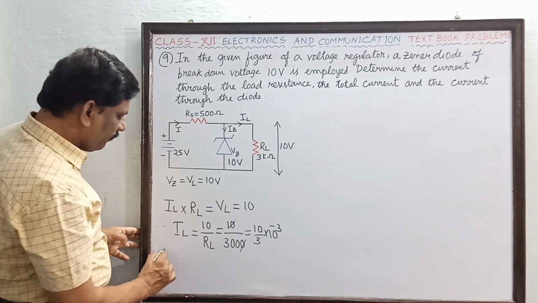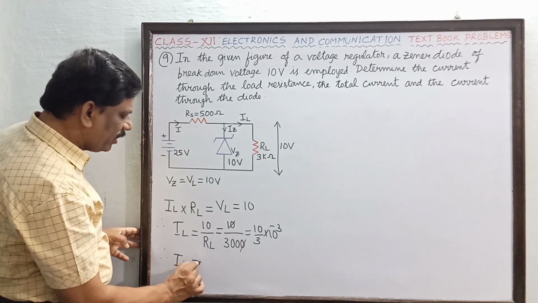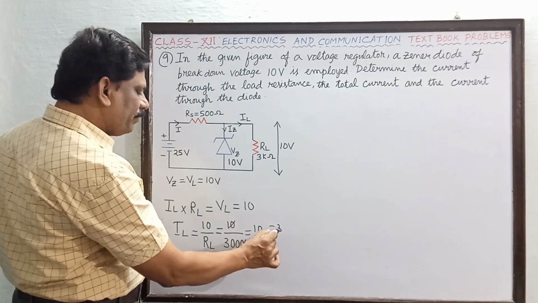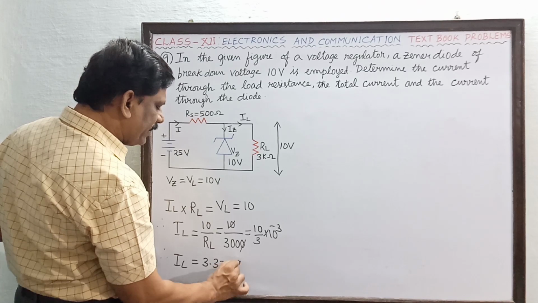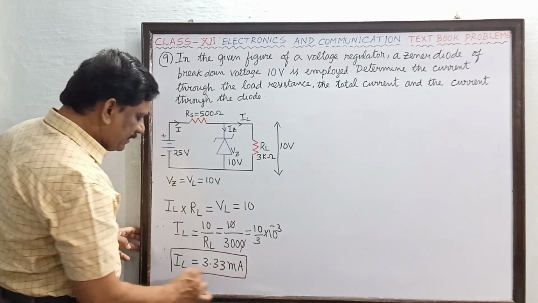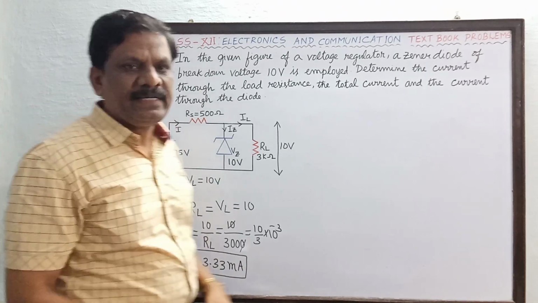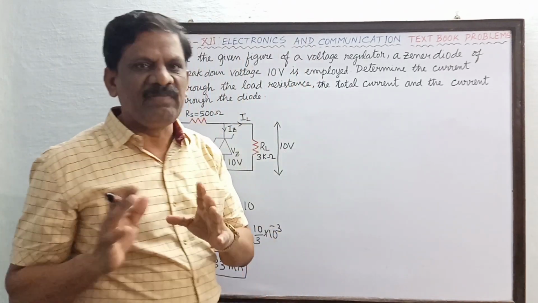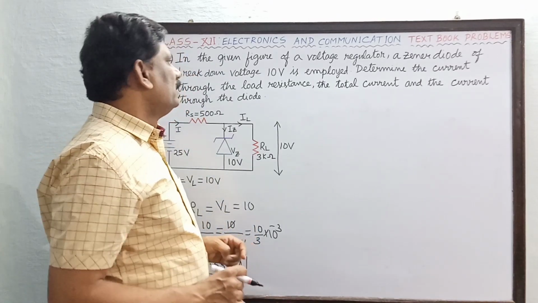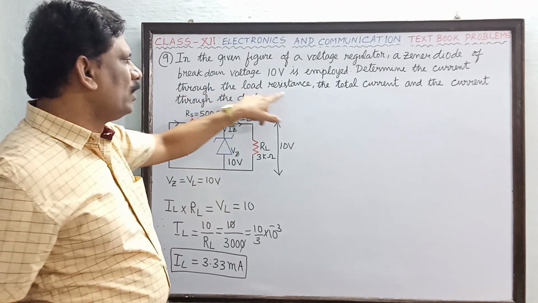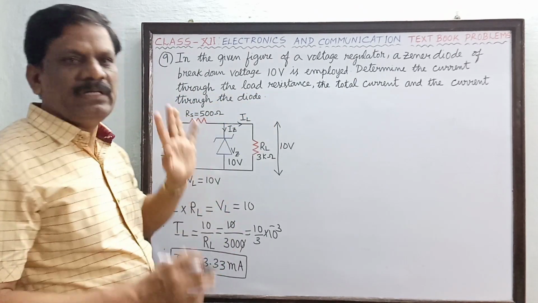Therefore, IL is equal to 3.33 into 10 power minus 3, so I will take it as milliampere. So this is the load current, that is equal to 3.33 milliampere. Have you understood the first step? So the first information, the current through the load resistance, we have found.